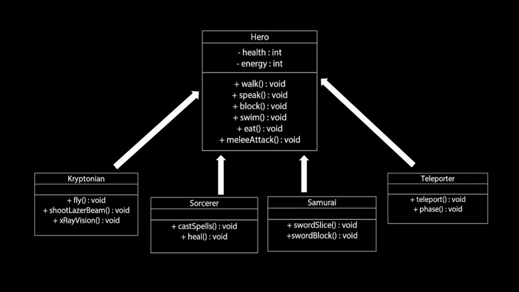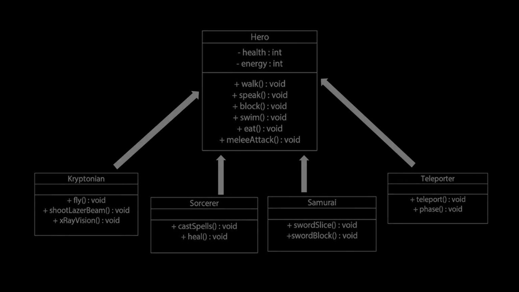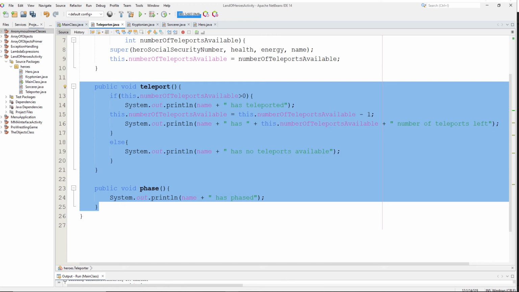When we design the classes, we set it up in a way where the Teleporter class would extend Hero and implement its own teleport and phase methods. So here's the code for that. If there are more than 0 teleports available, the teleport method will print the name of the teleporter followed by has teleported.